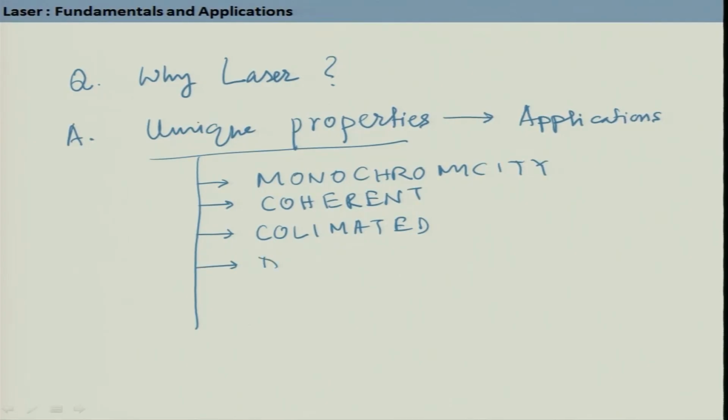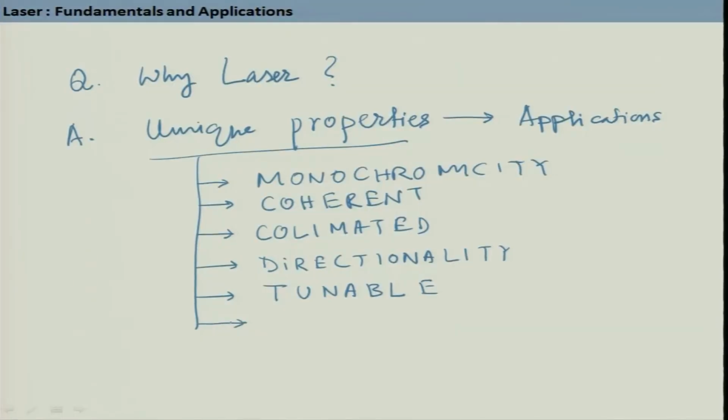Moreover, it has directionality. They can also be highly tunable, meaning that I can start from one particular wavelength and go to a different wavelength and scan through a huge range. This is called tunability.